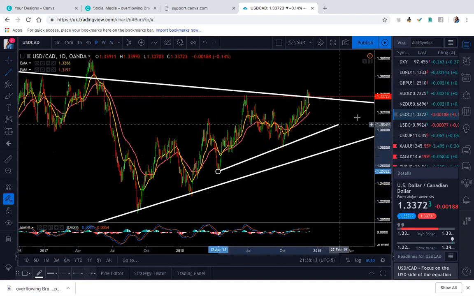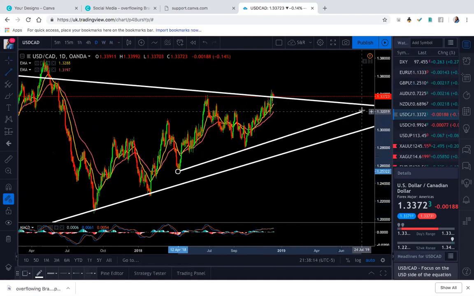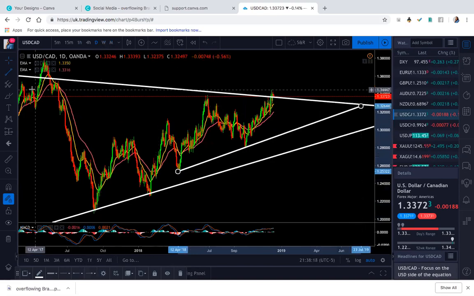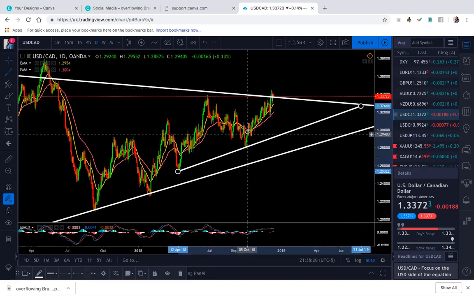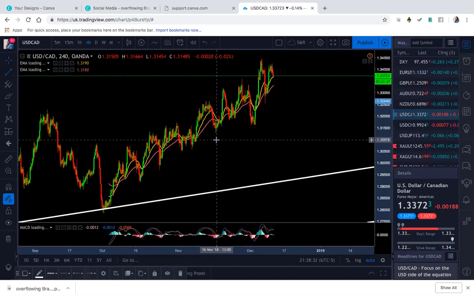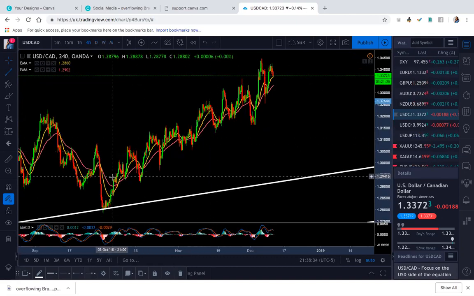See a further uptrend here, and this nice V formation. Guys, on the 29th of December, I'm going to teach you one of my strategies, which is the V formation, that you can trade and make consistent profits with.